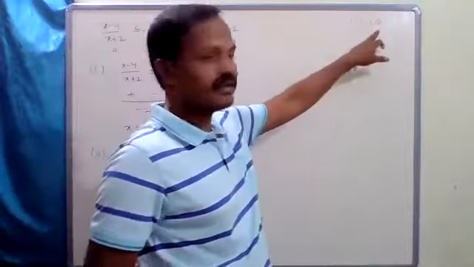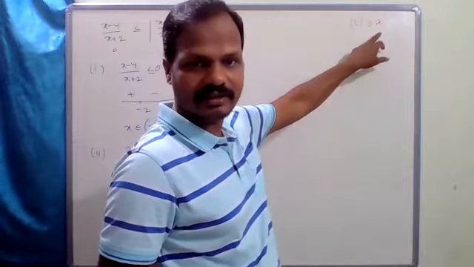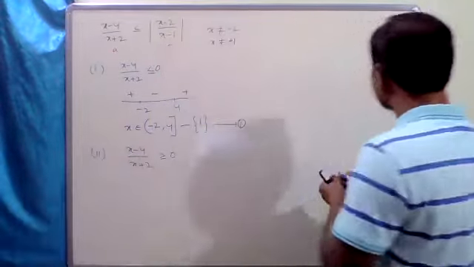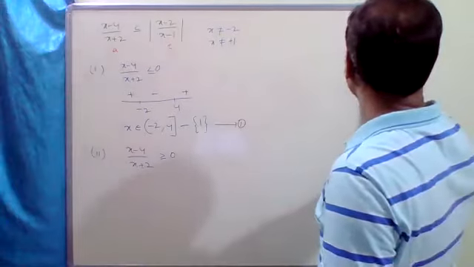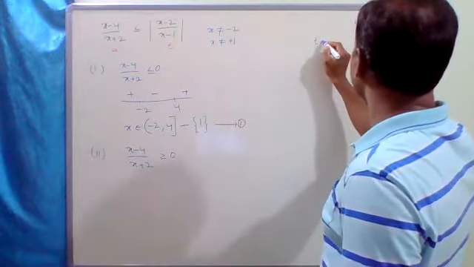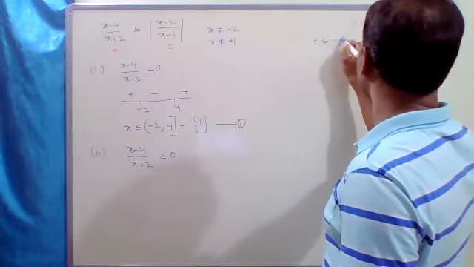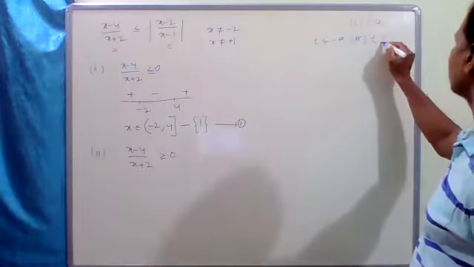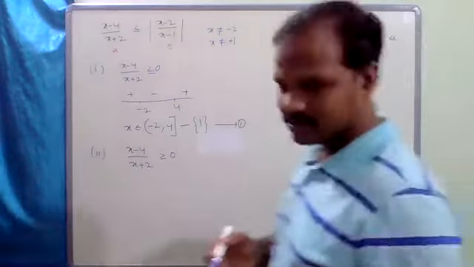If a is greater than 0, then what about the relation of this? Then t is less than or equal to minus a, or t is greater than or equal to a.